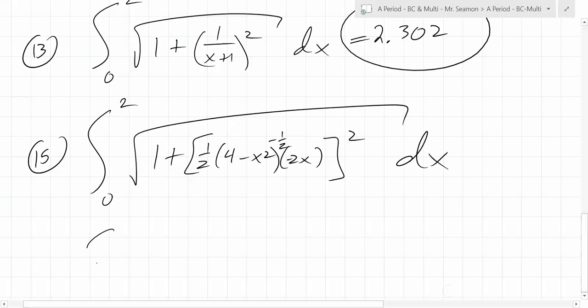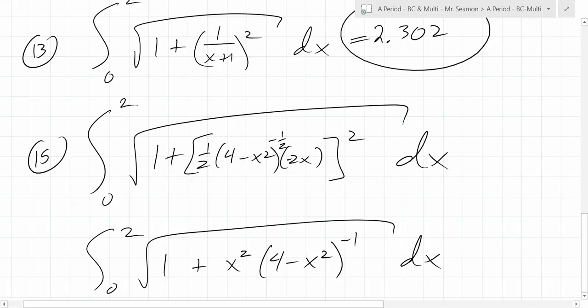I think it cleans up okay. 0 to 2 of 1 plus x squared over 4 minus x squared. Is that what it simplifies to? Should it be negative? I think it should be negative. No, you're right, it is negative, isn't it?